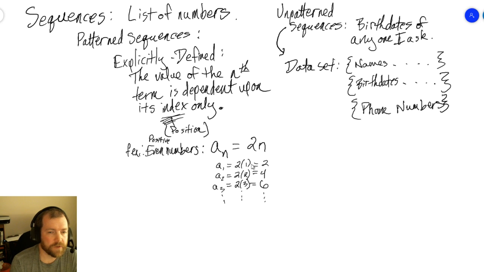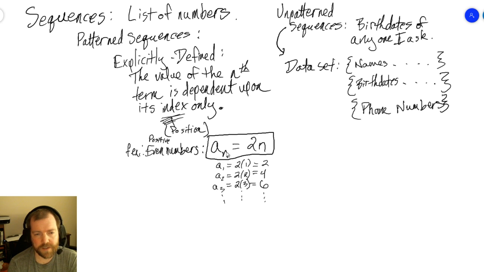So this would be an example of an explicitly defined sequence where, again, the value of a particular sequence element is defined by its position only. So we see over here that we can multiply 2 by n.